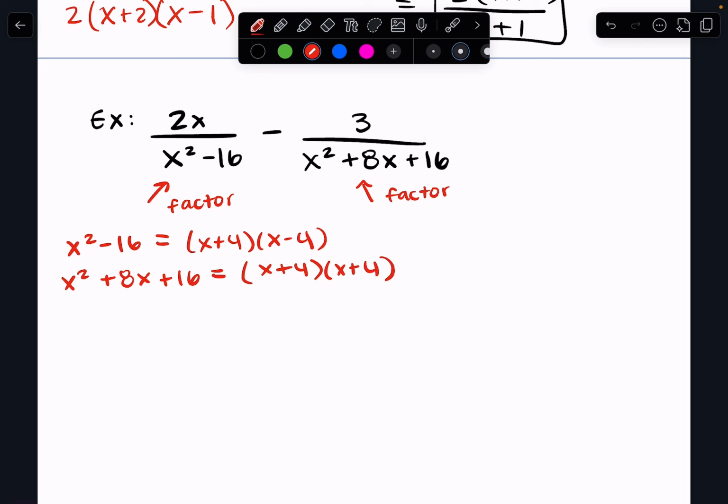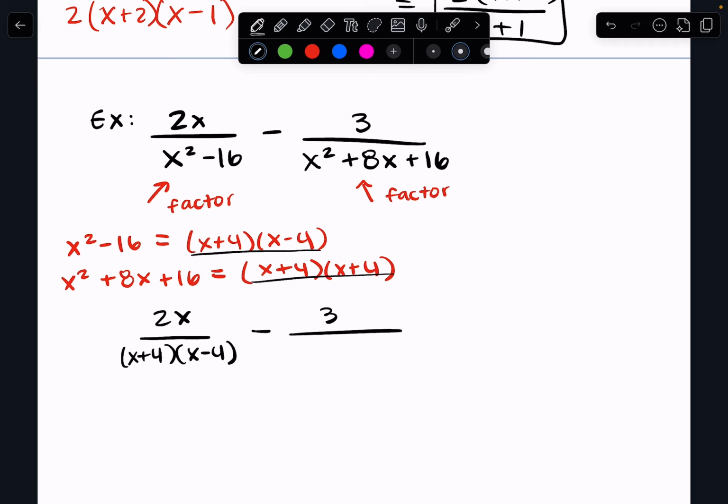All right, so those are the bottoms factored out. So I'm going to rewrite my fractions. So 2x over x plus 4, x minus 4, minus 3 over x plus 4, x plus 4.